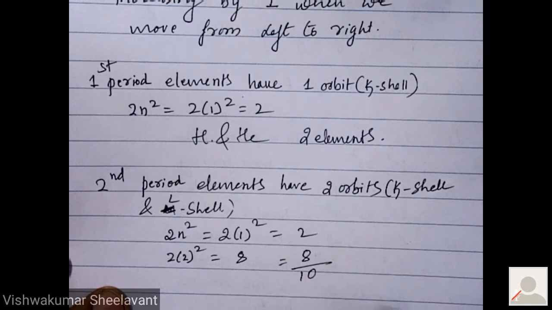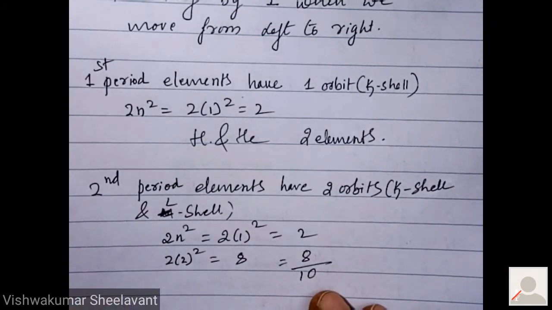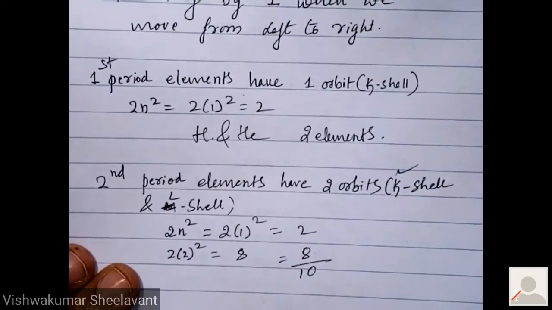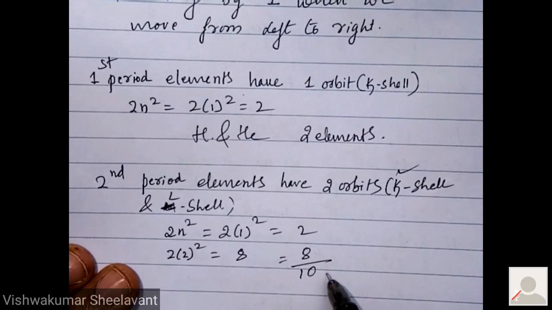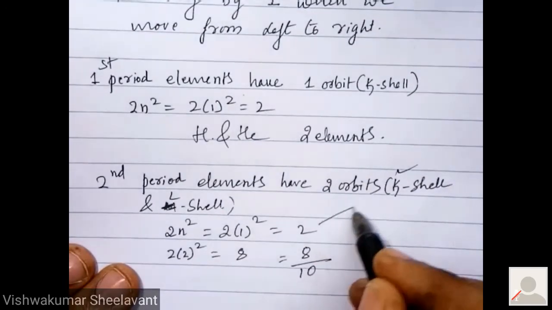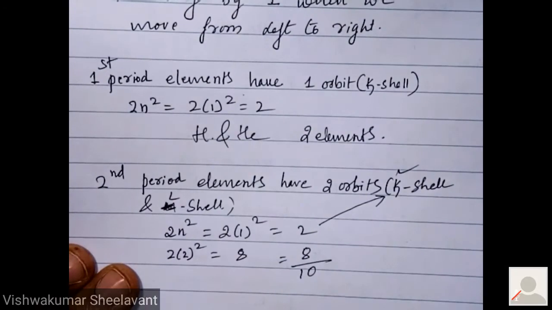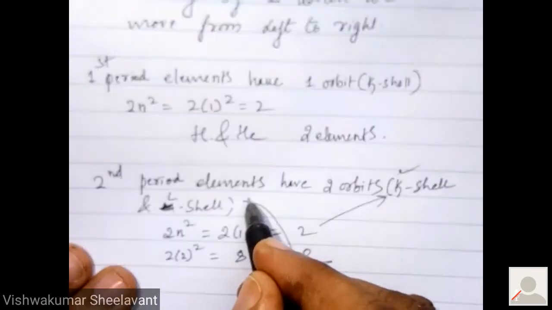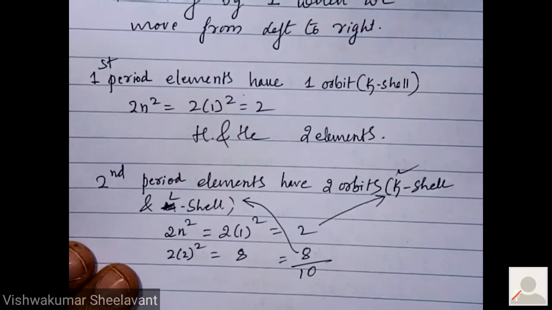Out of these 10 electrons, 2 electrons are used to fill the first shell, that is K shell. And the remaining 8 electrons are used to fill the L shell.